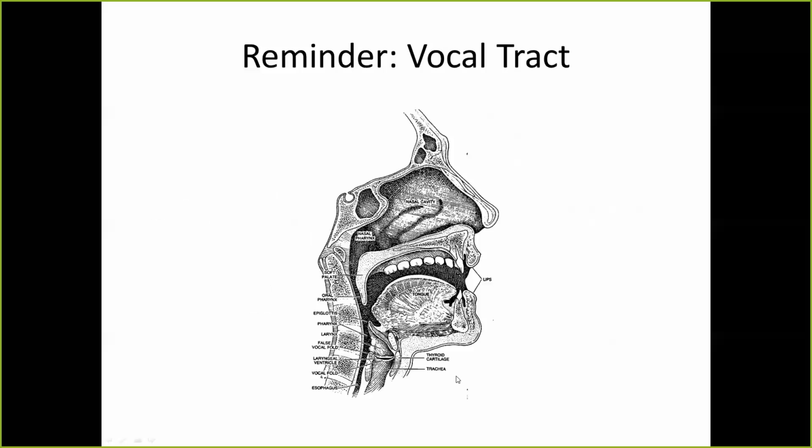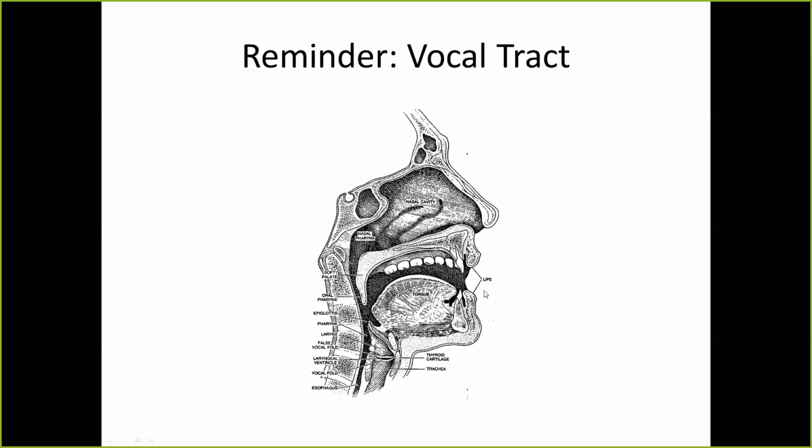All right, so just a reminder that when we talk about vowels having an open vocal tract and consonants having a closed vocal tract, we're talking about anywhere between the lips. One of the consonants that we'll talk about is the M sound, where your lips are completely closed. It's a nice illustration of how the vocal tract can be closed off.